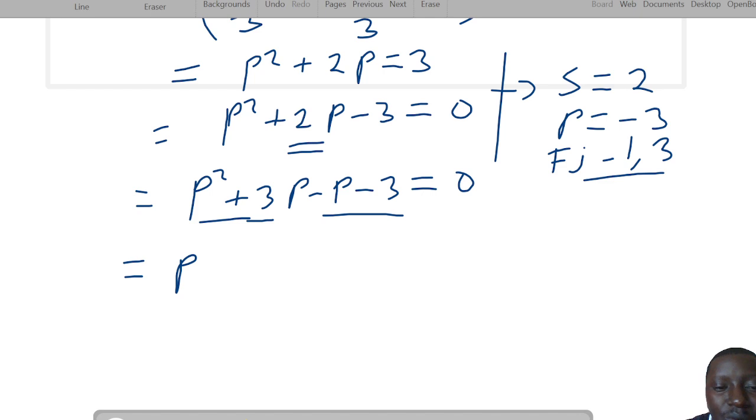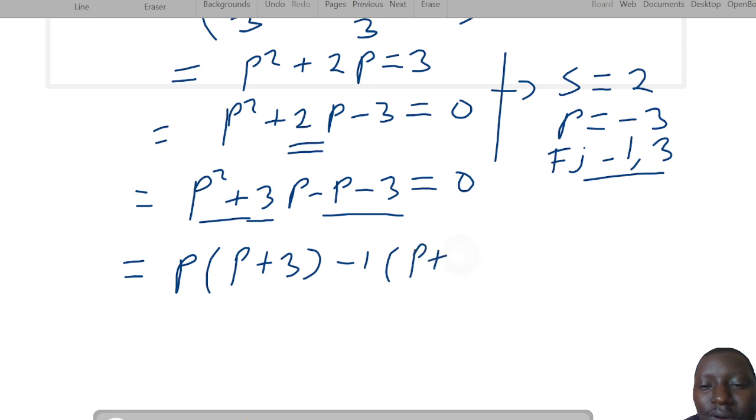So what is common between p squared and 3p is p. If I pull p out of p squared, I'll remain with p. And if I pull p out of 3p, I'll remain with 3. Then what is common between p and 3 is simply 1. So if I factor out 1, I'll remain with p plus 3.